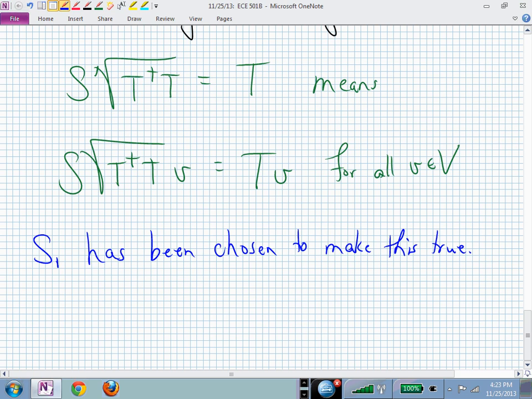Now what we need to do is make sure that S1 really makes sense. Is it well behaved? Is it basically well defined? Is it a well defined linear map? Let's now just state that. Does this make this map S1 well defined?